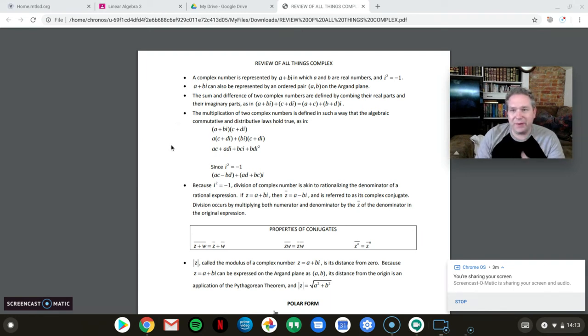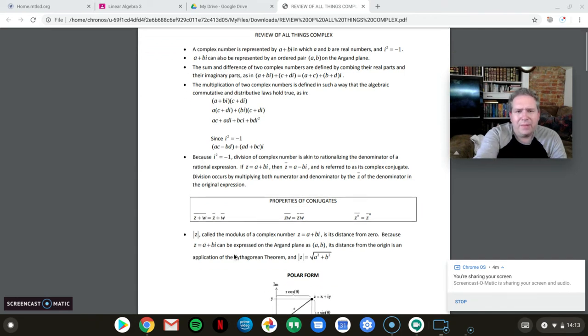Obviously, that's important for us with dot products, scaling and adding. Division is, of course, just multiplying by a complex conjugate, which is defined here. If z is our complex number and our complex number is a plus bi, z bar is the complex conjugate, that's a minus bi. So really, to divide complex numbers, we multiply them by their complex conjugate.